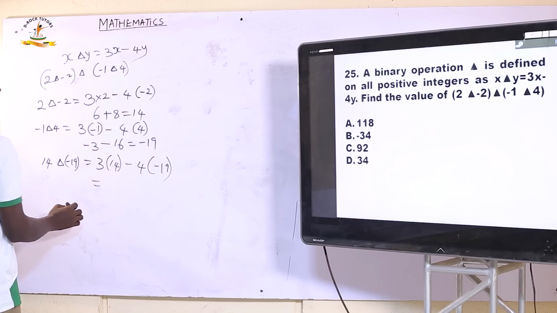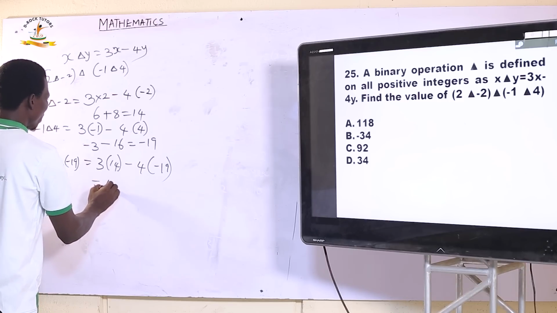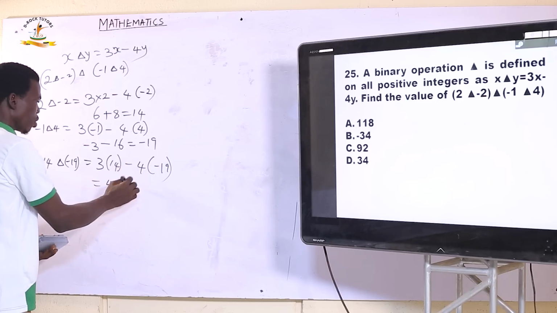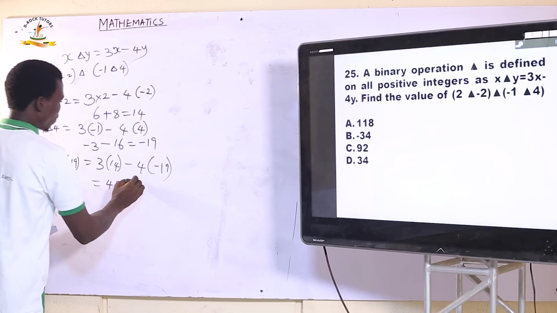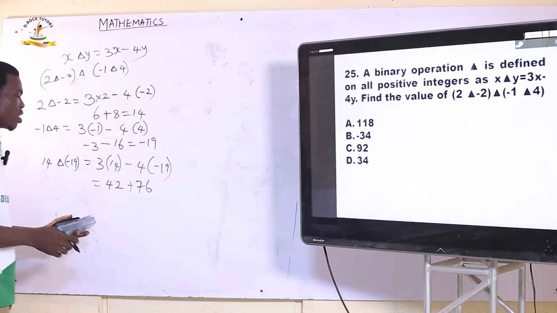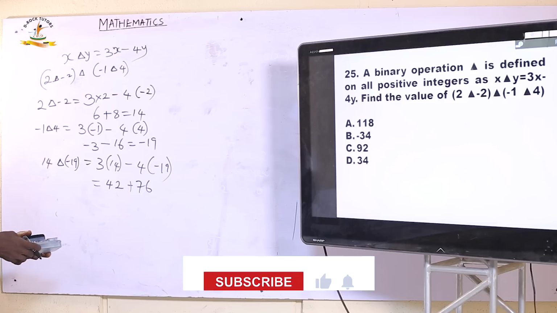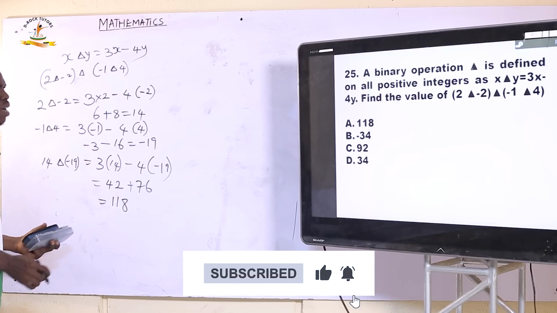And this is simply going to be 3 times 14 is 42, minus 4 times 19. Minus minus will be plus. So I simply say 4 times 19, which is 76. When I add this together, plus 42, this is going to give me 118. So the solution is 118.